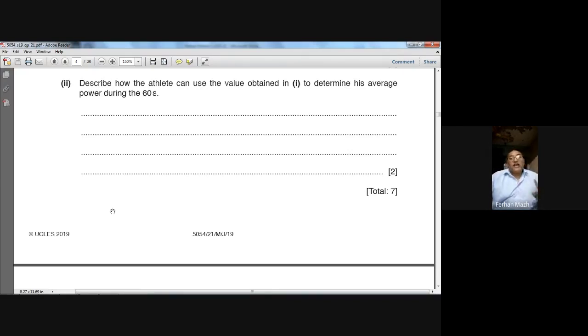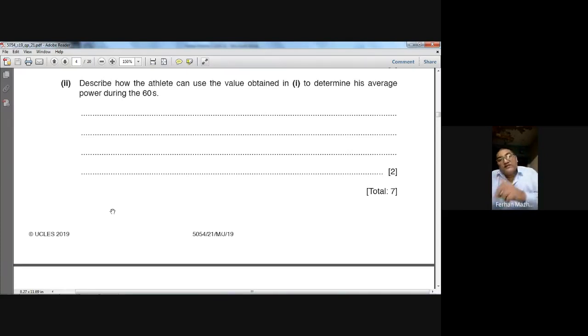So if you want to calculate how much power is generated by the athlete in 60 seconds, first thing you should know is how many times he extends the spring in 60 seconds. So you have to count that. And I know the work done in one extension of the spring.